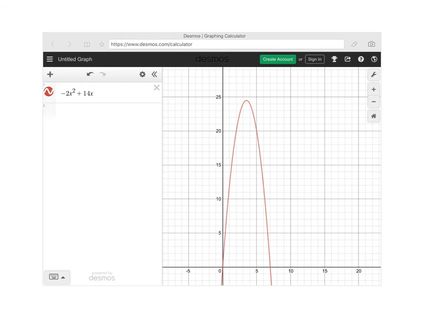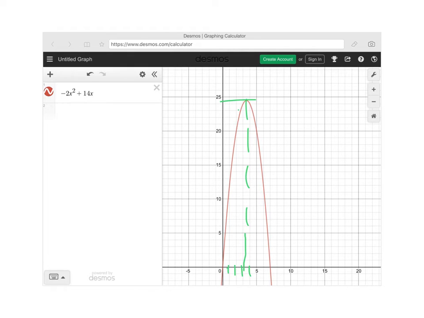All right, so I see I start at 0, and I can see that all these little minor grid lines go by 1. So 1, 2, 3, 4, 5. So at 3 seconds, or 3.5 seconds, I guess, is where our maximum point is right there. And if I look over here, it is at 24 right there, or 24.5, because that's a little bit higher than 24.